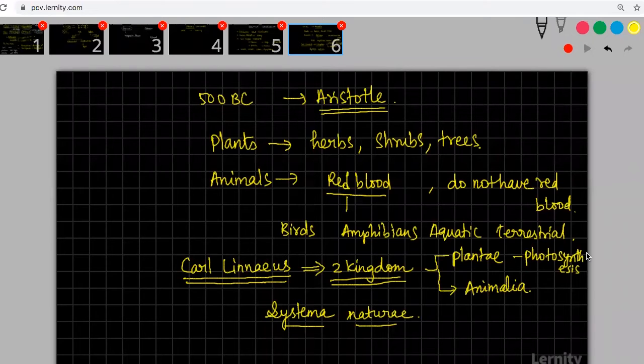Okay. Someone is asking me which animals do not have red blood. Insects do not have red blood. Your cockroach and all, if you kill it, will not give you red blood. Whatever you will see is a white or colorless fluid. All insects will come into that category. Some reptiles also do not have red blood.